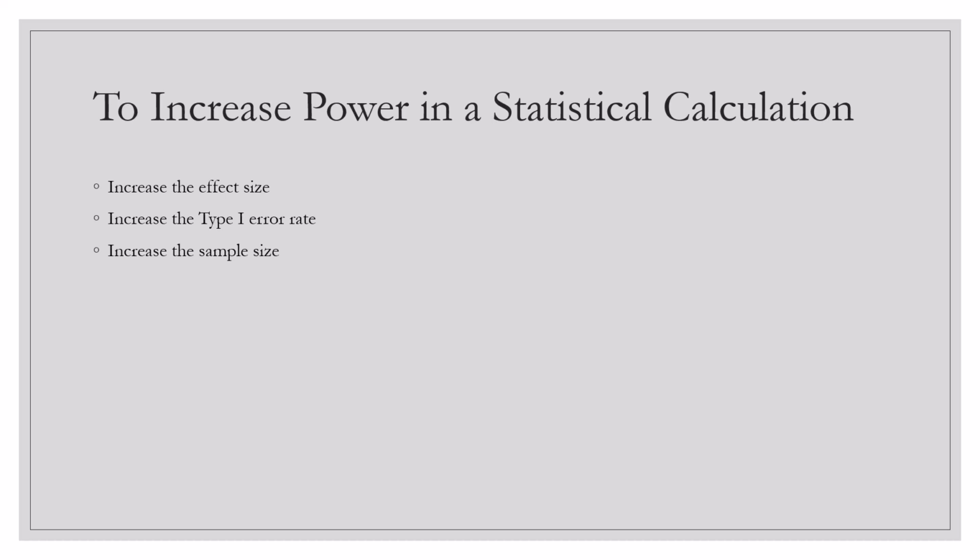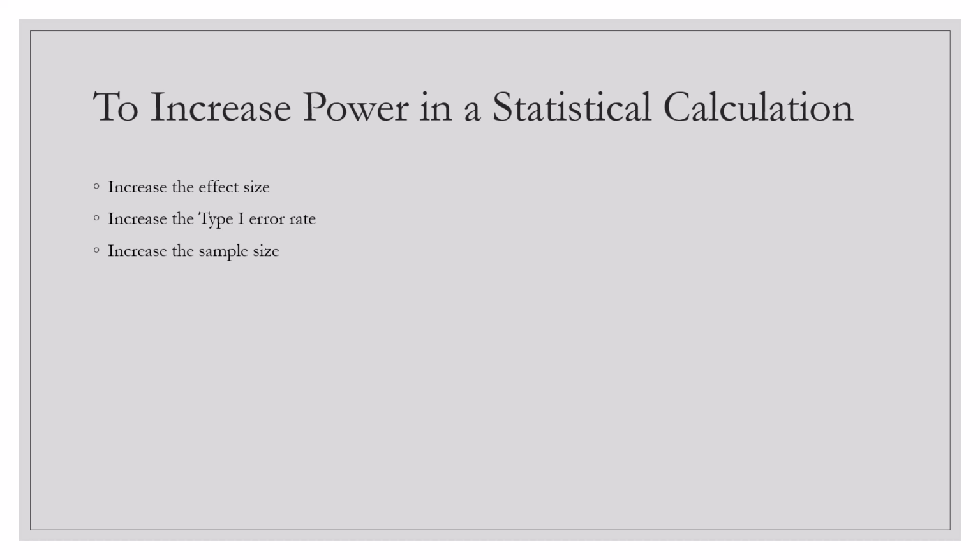Similarly, if you set any three of the four, power, effect size, type 1 error rate, and sample size, you can calculate the fourth one. We're going to focus here on calculating power from these other three. But let's also not forget that behind the scenes in the study, there are all these other power influencers that the researcher has some level of control over.